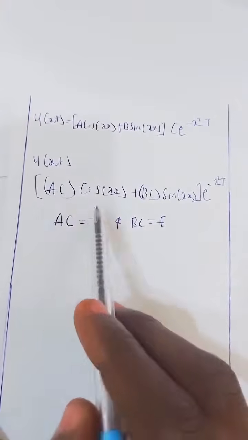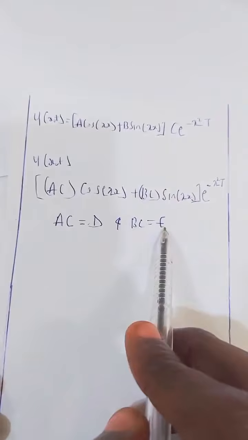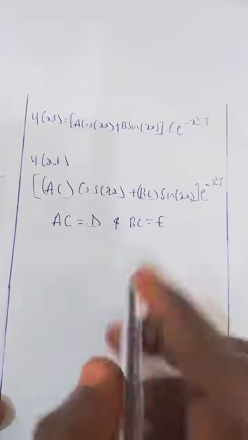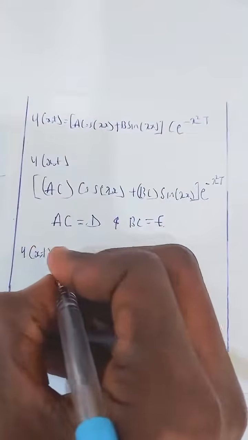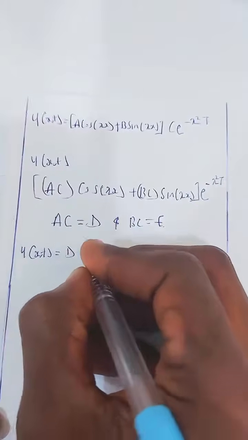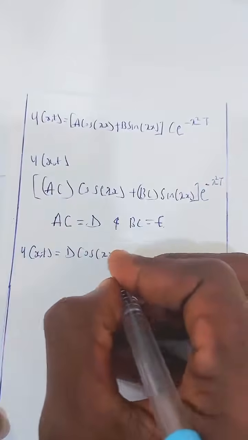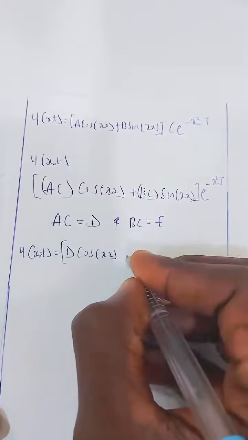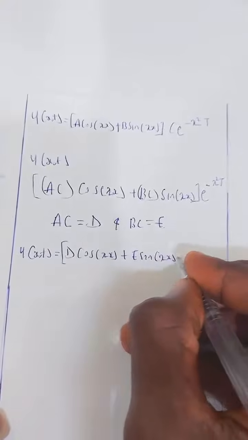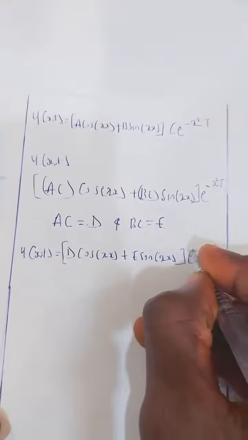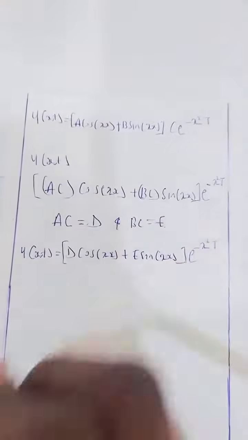So let's substitute this back. I'm having u, a function of x and t, equals D cos(lambda multiplying x) plus E sin(lambda multiplying x) multiplying exponential negative lambda square t.